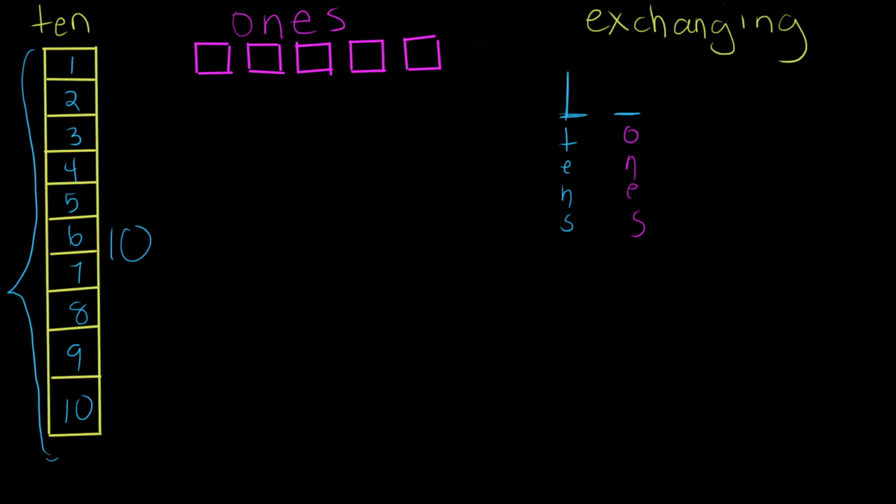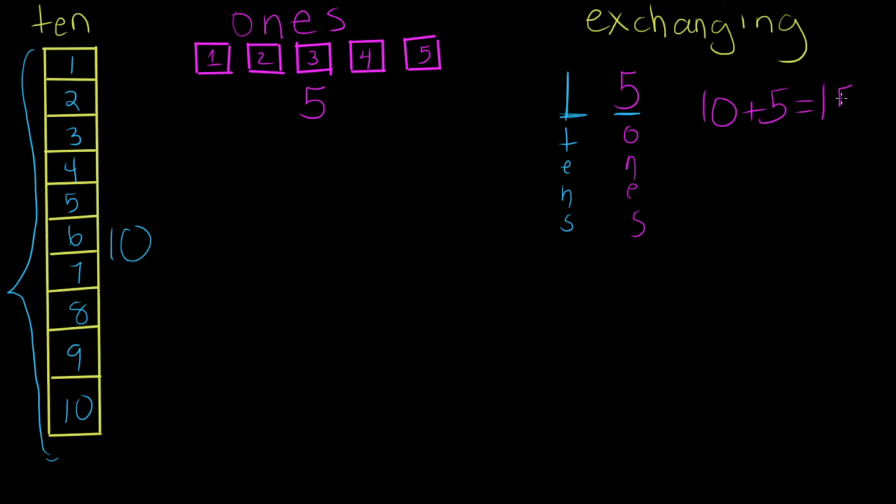Okay. Now let's come over here. How many individual ones or individual cubes do we have? Well, we have 1, 2, 3, 4, and 5. So in total, we have 5 ones. So what does 1 ten plus 5 ones give us?